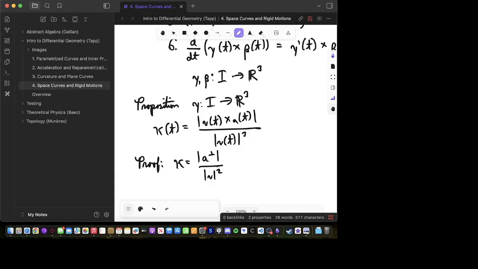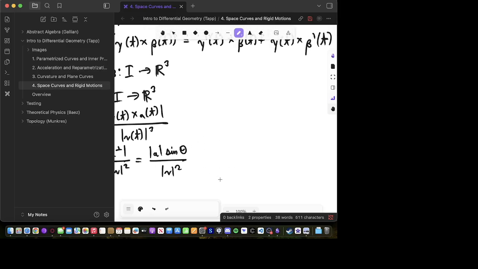So you can think of this as sort of a sine theta over v squared, where if we draw a diagram, if this is v and this is a, this is the perpendicular component of a, because that's a right angle. This will be theta, and this is... So you can see how the perpendicular component of acceleration is equal to the magnitude of a times sine theta.